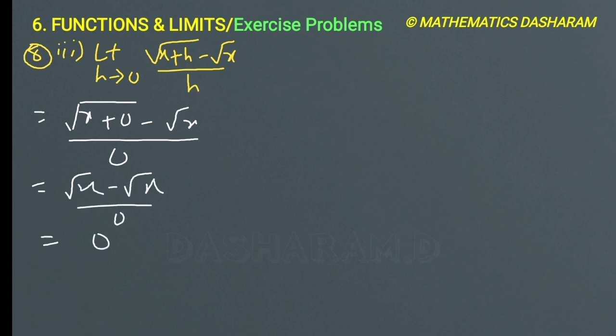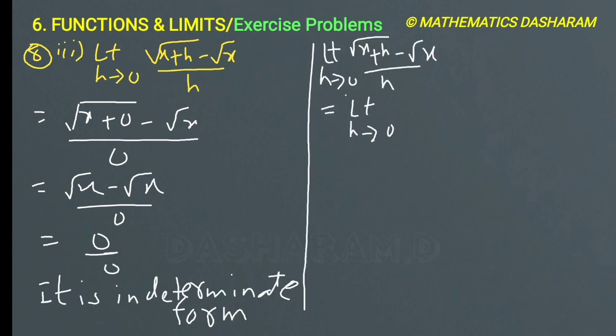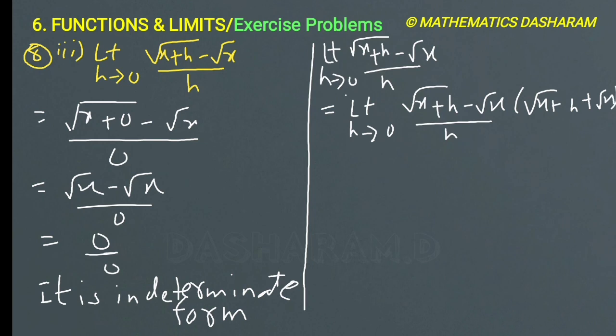So 0 by 0, it is an indeterminate form. So then take the rationalizing factor for the numerator. So what is the rationalizing factor here? Under root x plus h plus root x, divided by under root x plus h plus root x.